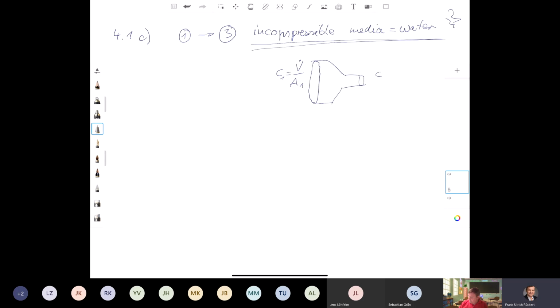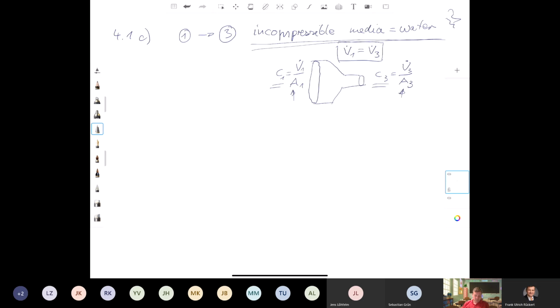And C3. Okay. And for C1 must be C3. So the velocity will also always change with the area.